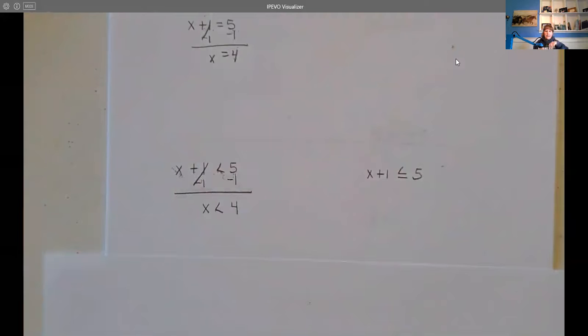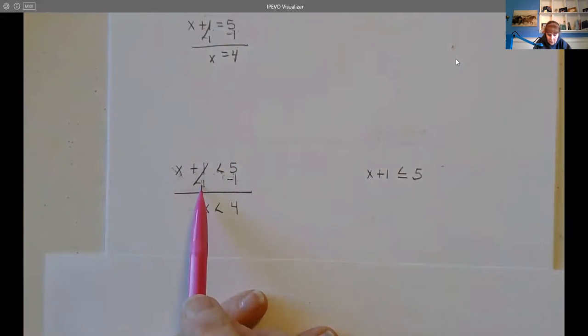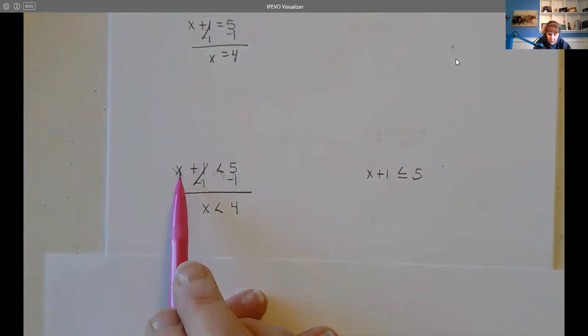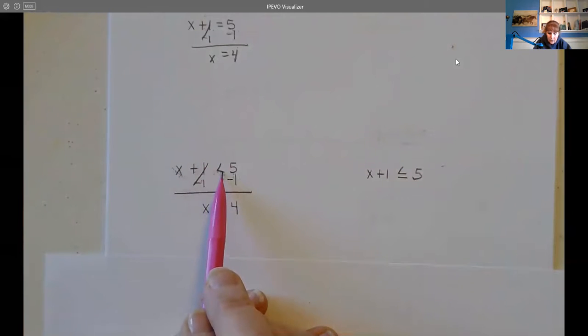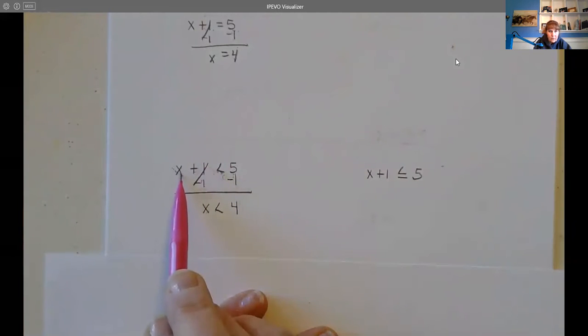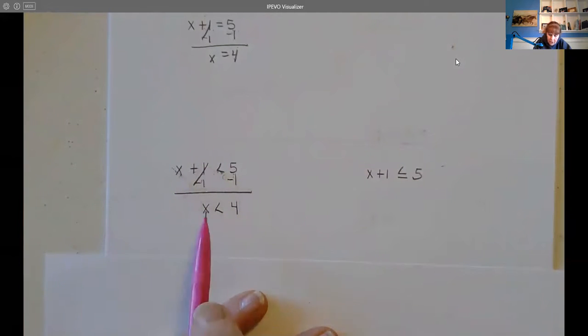What this means is that any number less than 4 will work in this equation. Again, we subtracted 1 to solve it. And the only time this is not really treated like an equal is if you divide or multiply by a negative. So we have all x's less than 4.